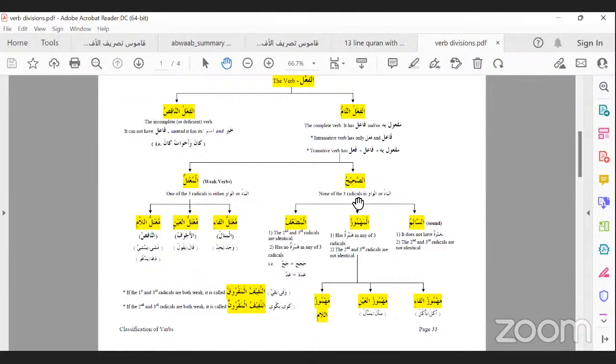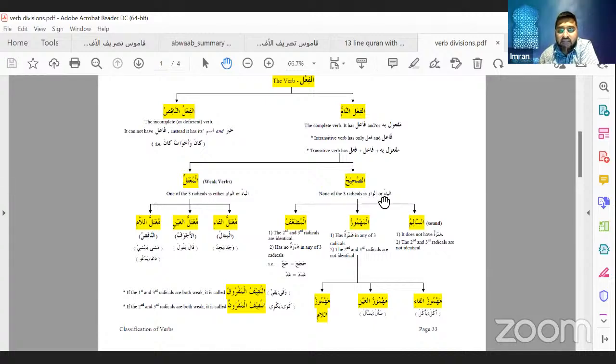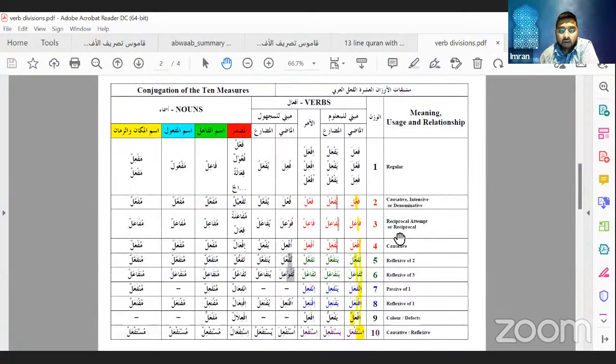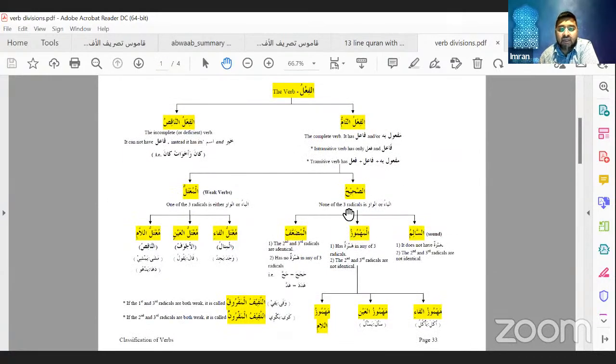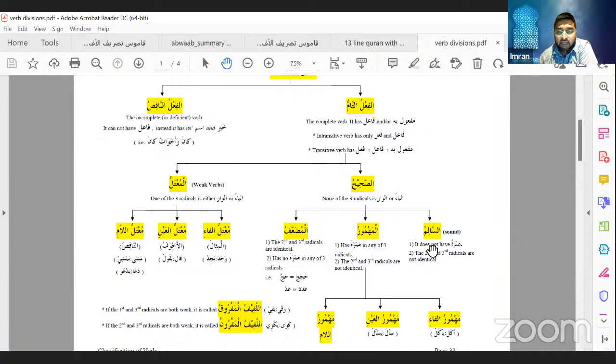Now, the sahih: none of the 3 radicals is waw or ya. So when none of the 3 radicals is an alif, a ya or a waw, it has 3 subcategories. Let's go through them, please. As-salim: what is it?